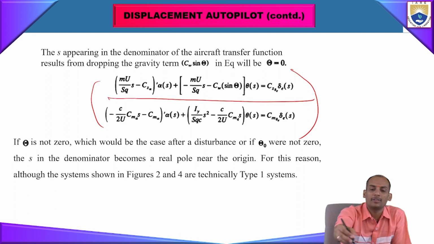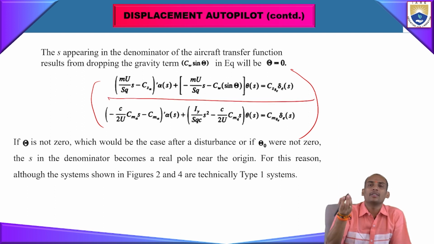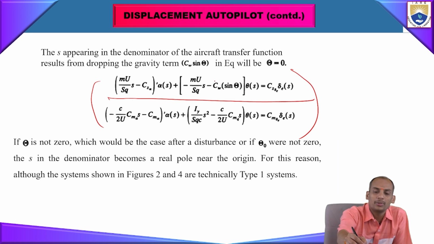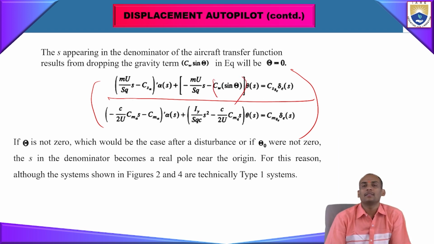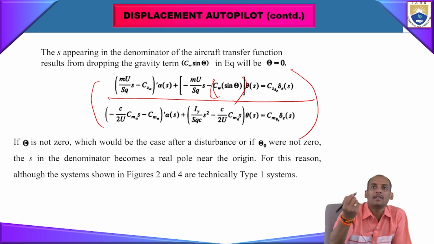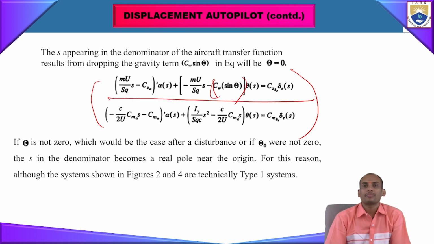If you see the previous videos, you can see how it has been used. Here the CW sin theta value is there. If theta is very low, tending to 0, then these values will also tend to 0. For this reason, the systems shown in figures 2 and 4 are technically type 1 systems.